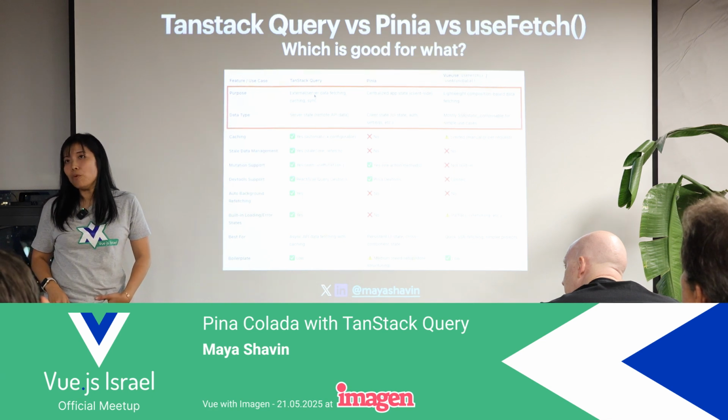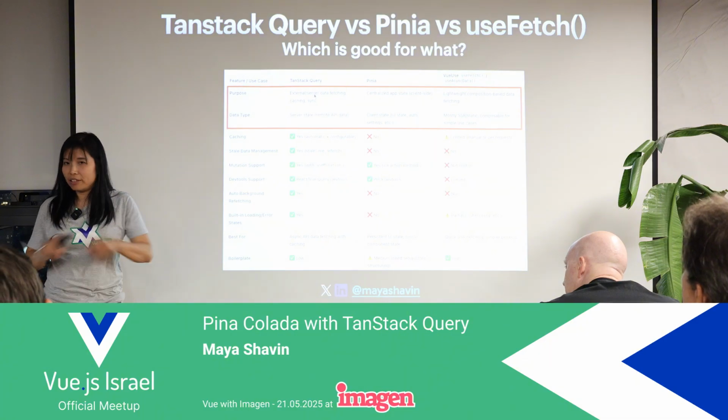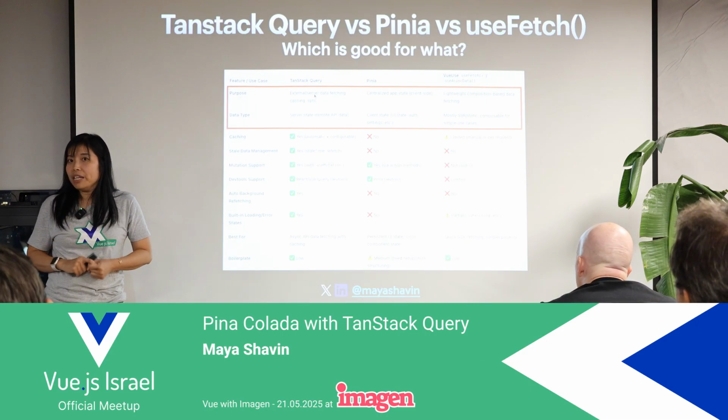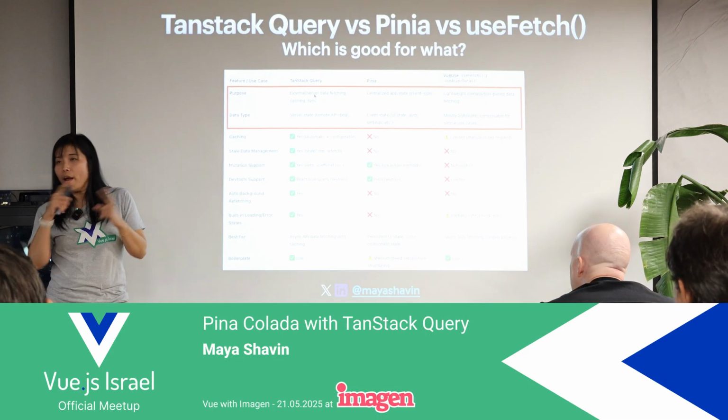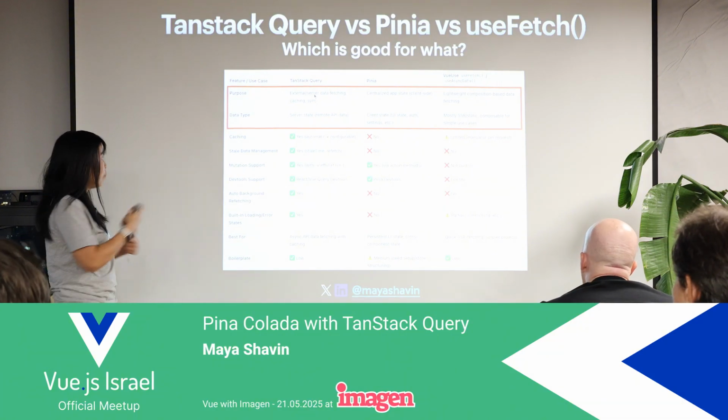So I would suggest not replacing Pinia, because these two are like orange and apple. You cannot really compare them. But if you are using Pinia to query external data, then you should replace it, but not the opposite.